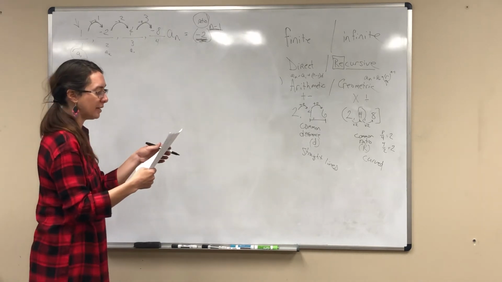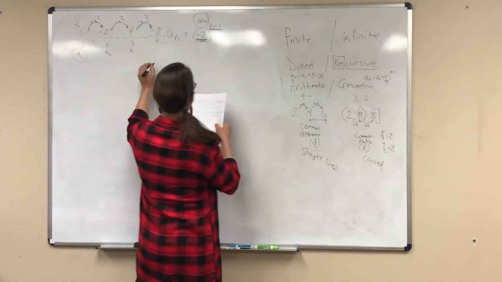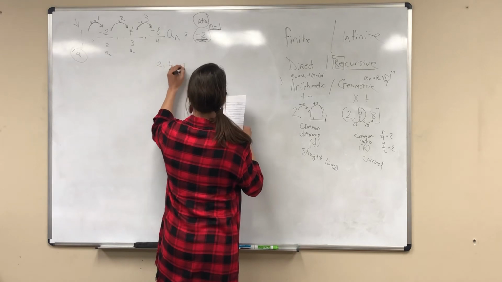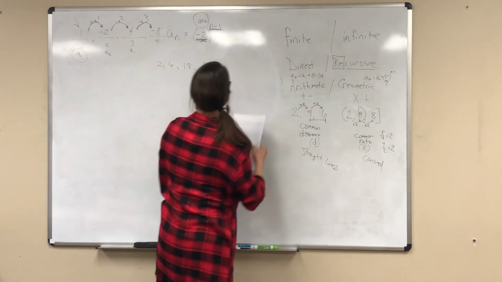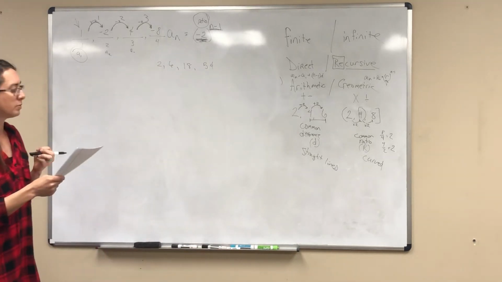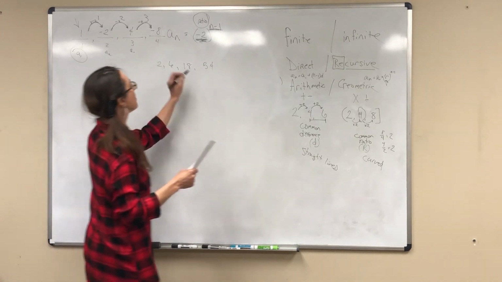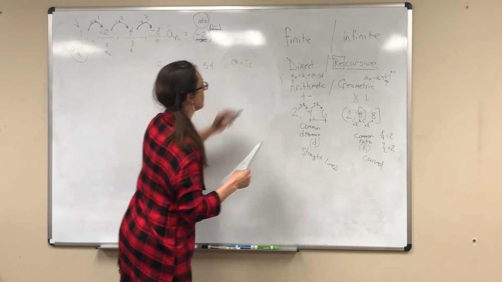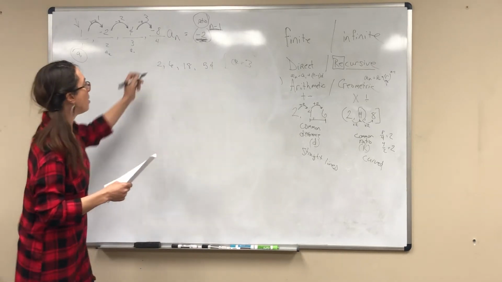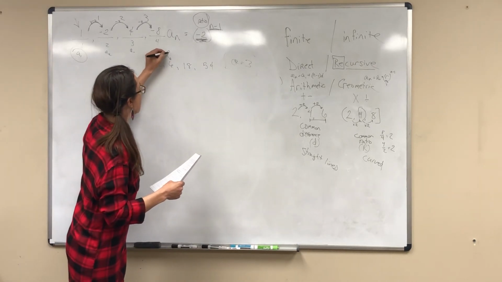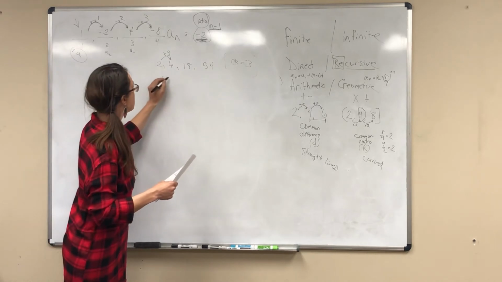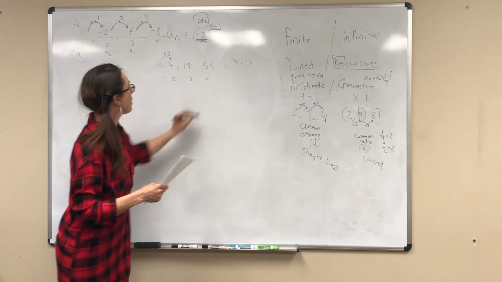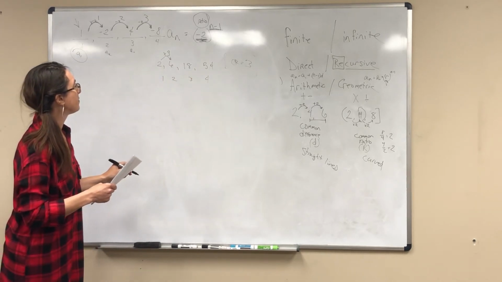It should all be exactly the same. So if we have 2, 6, 18, 54, what is our common ratio? Times 3. Our common ratio is 3. We are multiplying times 3. So how do I get each number? 1, 2, 3, 4. Times 3.